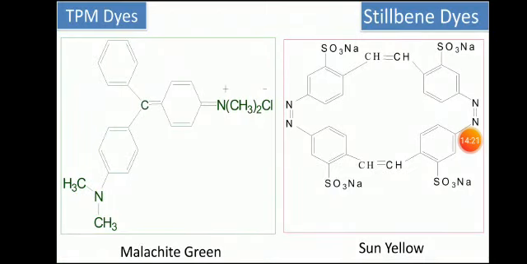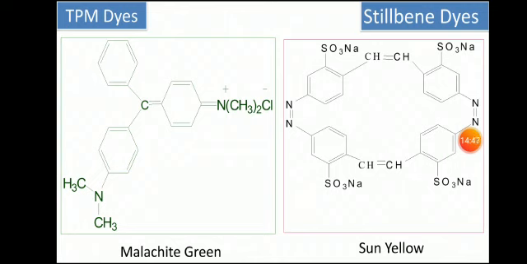Then TPM dyes, meaning triphenyl methane dyes. Here 3 phenyl groups are there and 1 methane joins these 3 phenyl rings. Malachite green is the best example of TPM dyes. Here there is more delocalization, so the color is more intense, that is, a green color.